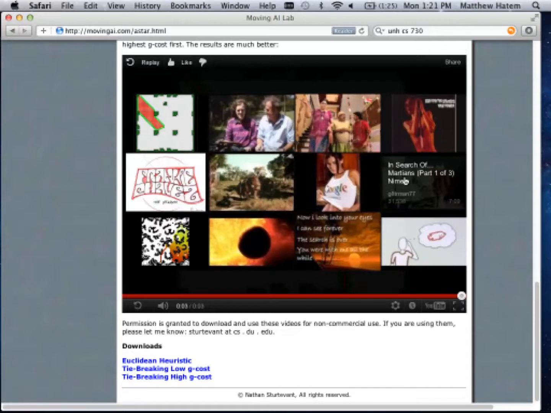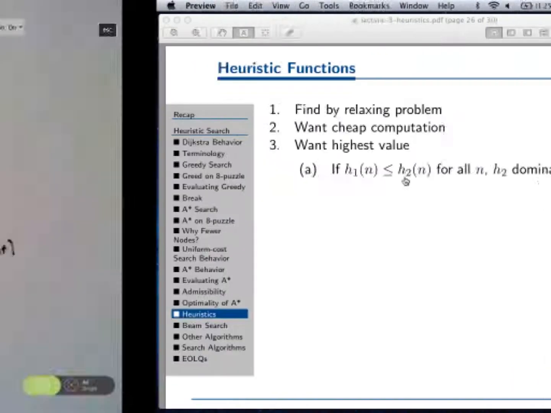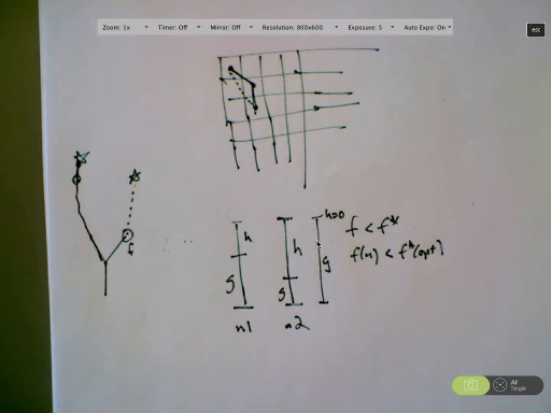So with A star, once we hit a solution where h is 0 and g equals the f that we calculated, we're done. We don't expand anything else, no matter what? No. That node just goes in open. And the question we've been talking about is how do you sort the open list?